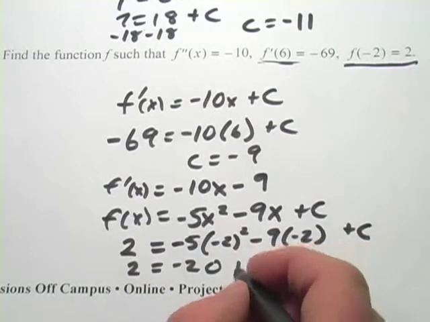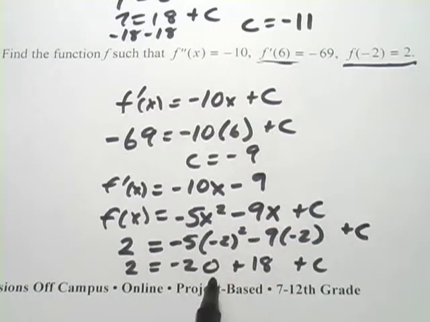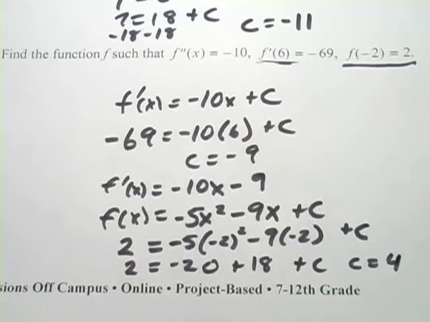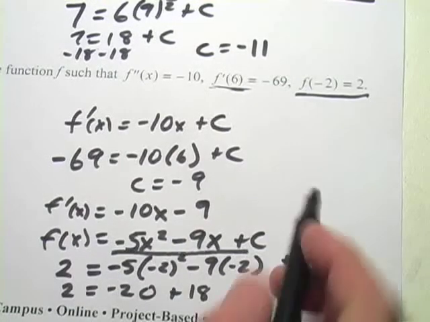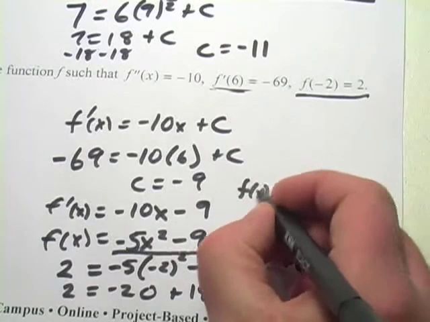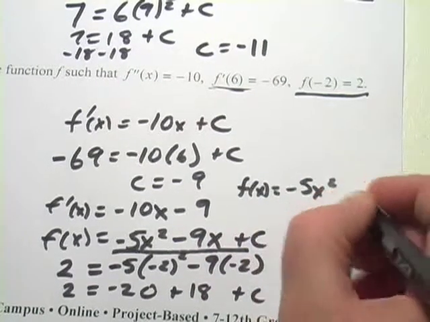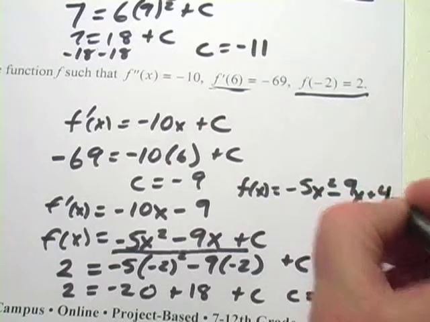And this is a positive 18 plus c. So this comes out to a negative 2. We add 2 to both sides. So c equals 4. And I've run out of room here, but our function then, here's our function, and our constant is 4. So f of x equals negative 5x squared minus 9x plus 4.